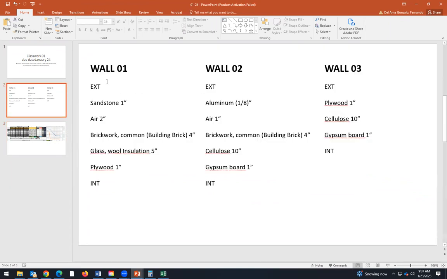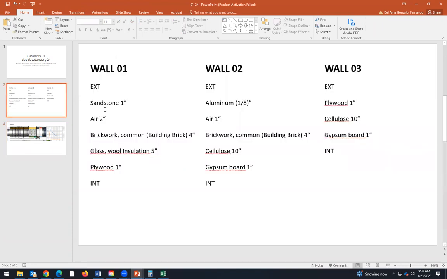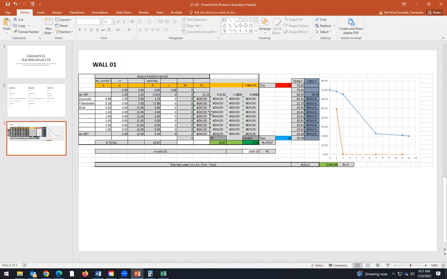You can type here wall 1, and copy and paste all this, but I want to see the materials. You have to type the right materials here. And I want to see the thermal resistance, the total thermal resistance, and I want to see this graphic with the temperatures here.